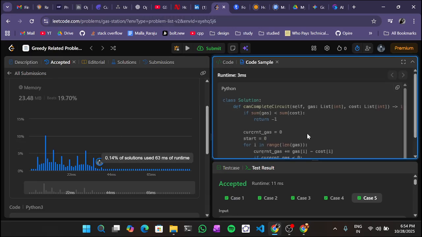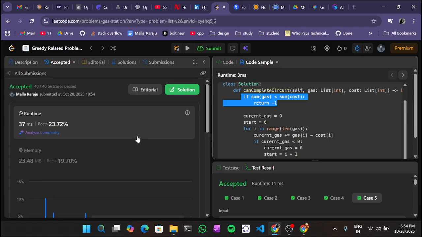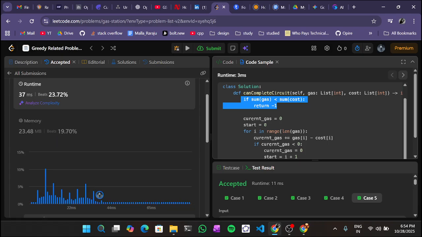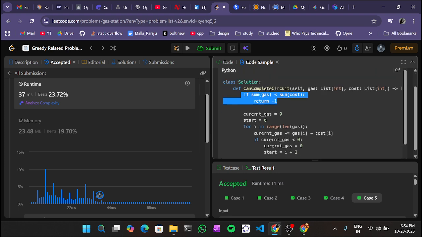Let's see what others did. 37 milliseconds. Oh, that's an intelligent solution.